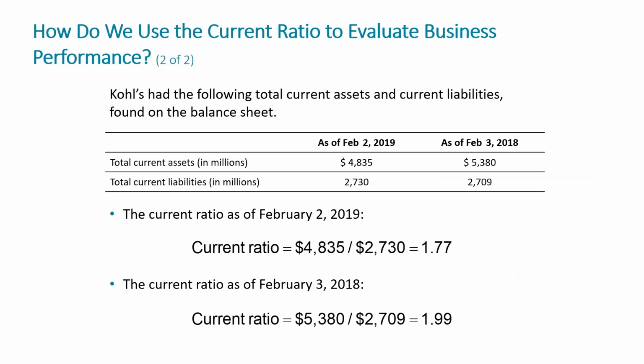Here in this example, Kohl's had the following total current assets and current liabilities found on its balance sheet. As you can see, the current ratio has decreased from 2018 to 2019. Now, this indicates that Kohl's Corporation has deteriorated in its ability to pay its current debts.